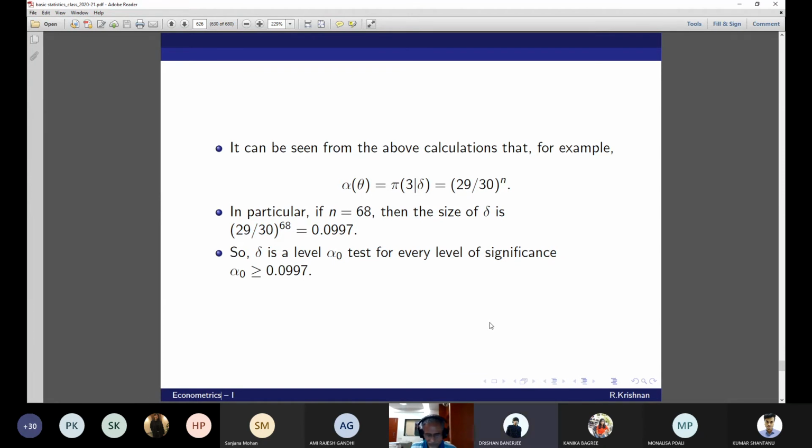Sir, we are not allowing alpha to be greater than 0.05. No, Drishan, I'm asking you in simple English. 100 experiments I have done. I expect, by fixing it to be 5%, 5 experiments to go wrong. Can I say this? Yes.